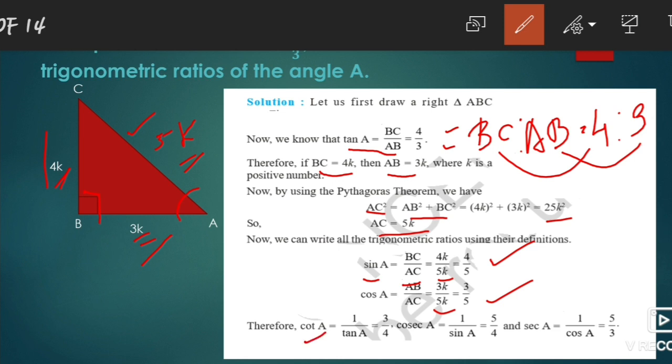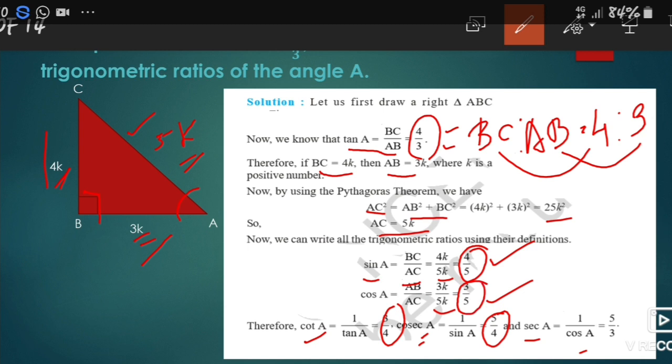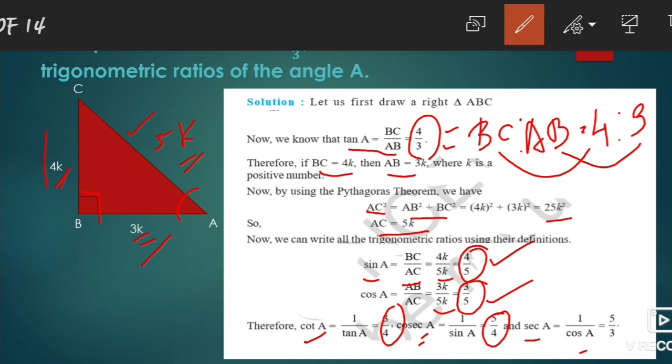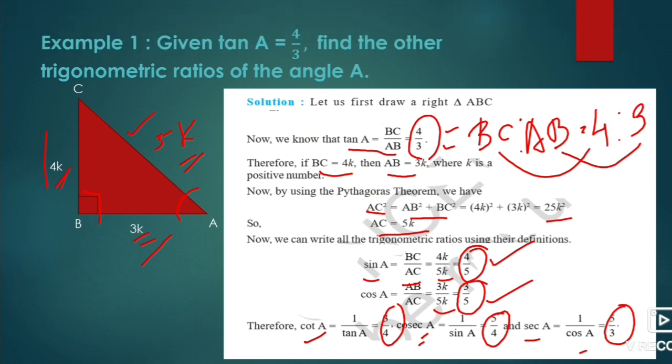Since tan is 4 by 3, cot will be 3 by 4. Now cosec was reciprocal of sin. Sin is 4 by 5, so cosec will be 5 by 4. And sec is reciprocal of cos. Since cos is 3 by 5, sec will be 5 by 3. In this way you have to solve this kind of question.